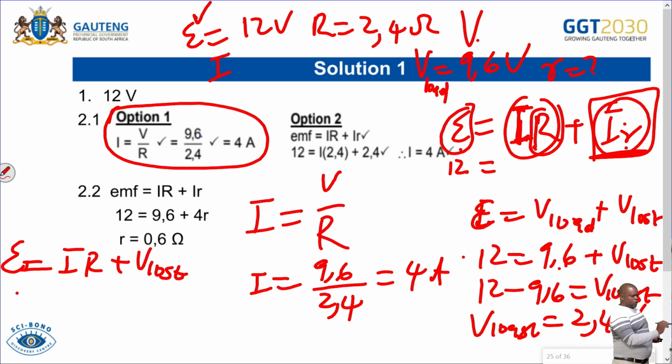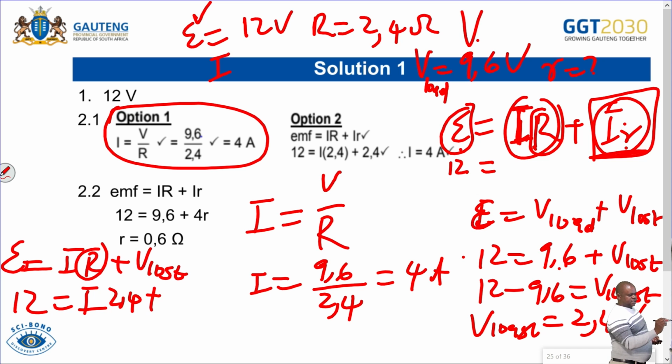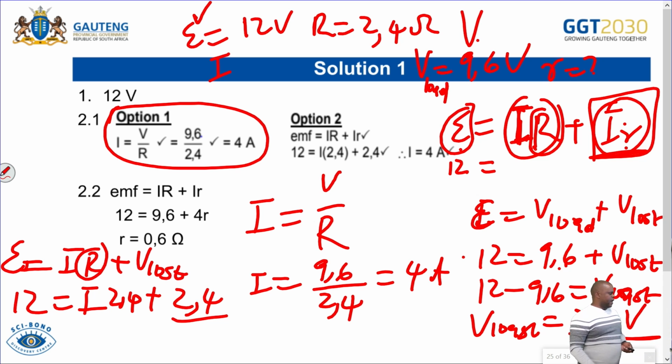Then we say 12 is equal to I times the resistance. What is the resistance? It is 2.4, plus 2.4. Why 2.4? It is the V lost that we calculated here. Then from here, we transpose this one to there. Then we're going to get what?